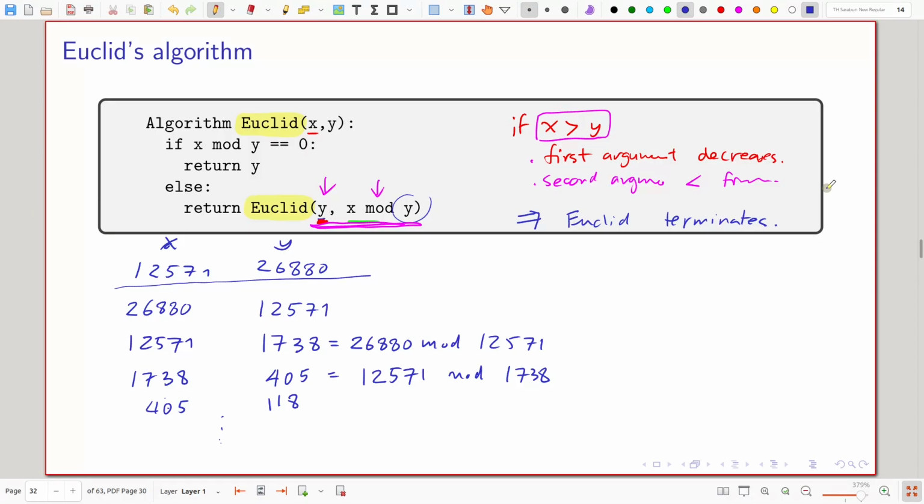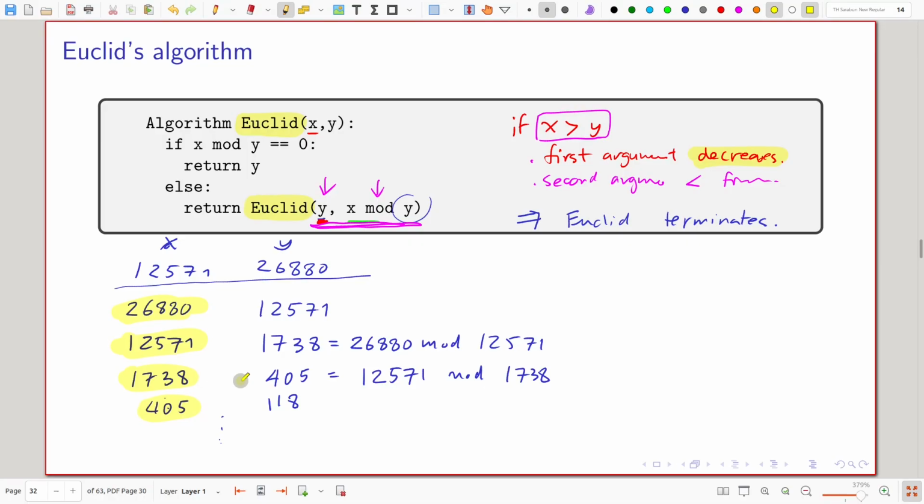To say that it terminates really quickly, we need to make sure that the first argument not only decreases, but it has to decrease really fast. If you look at the result from your practice, you can see that it decreased pretty fast, right?